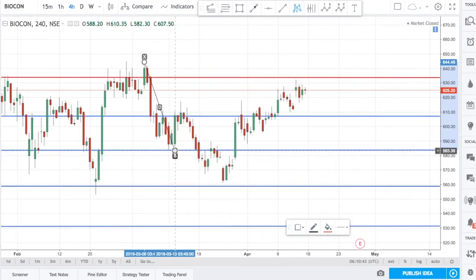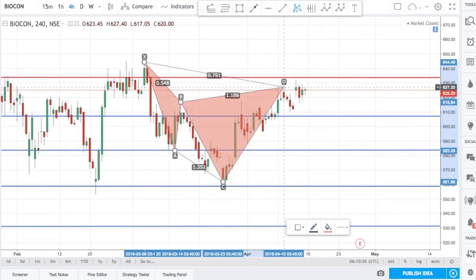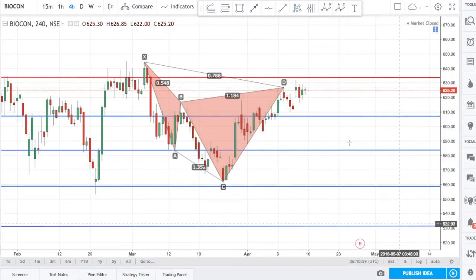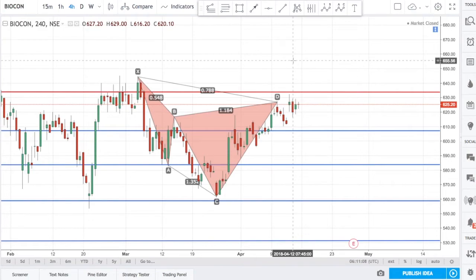Our X to A leg, A to B leg, B to C leg, and our 786 completion. This is our cypher pattern. Now let's see where we can place our targets and our stop loss.